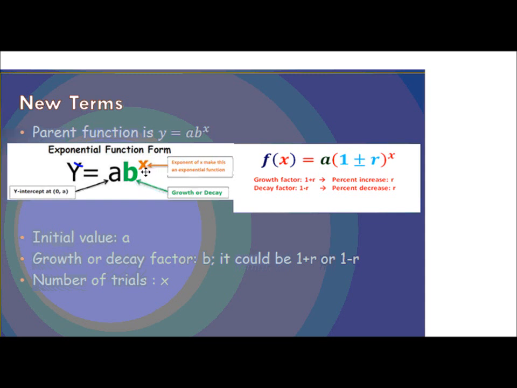In most cases, it's the number of trials or number of rounds. So this is how b is defined. b is 1 plus or minus r. If the growth factor is 1 plus r, there is a percentage increase, r. If it's a decay function, this is 1 minus r. So the initial value a, I've written it down, whatever I just told you.